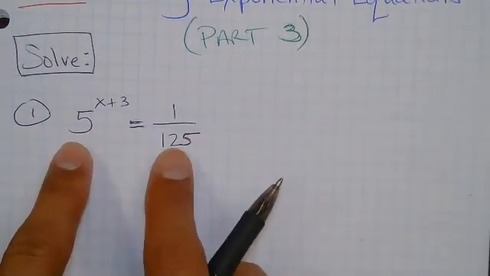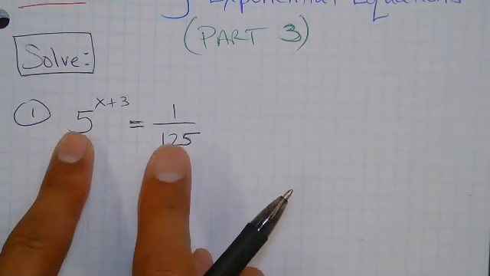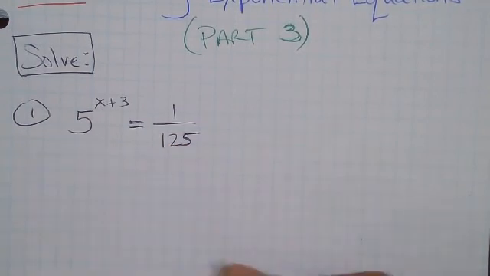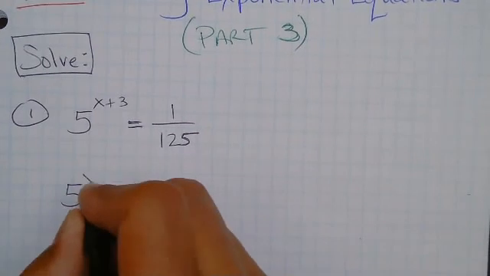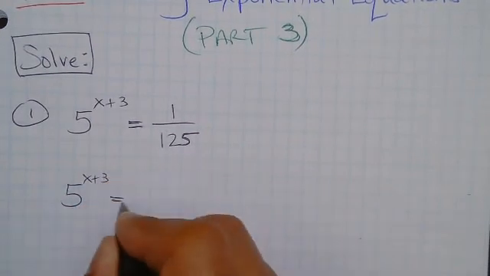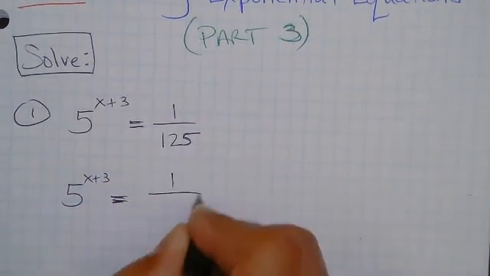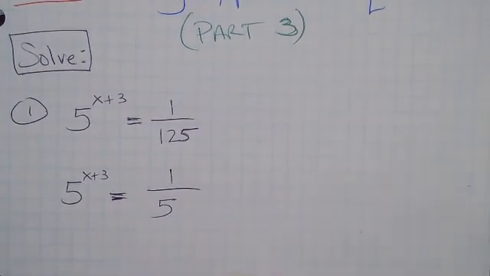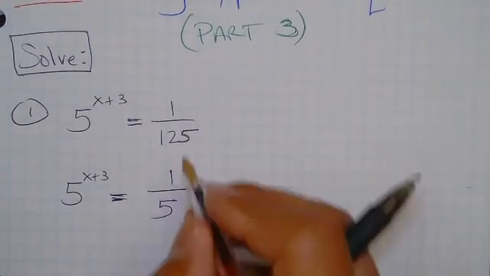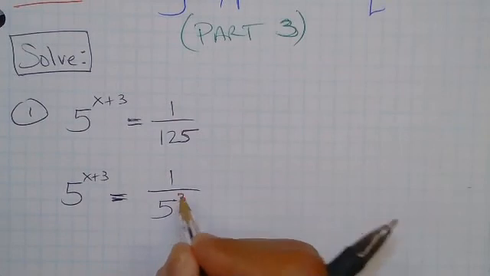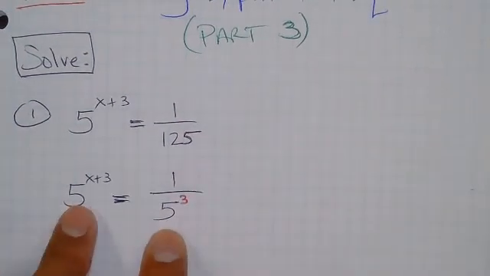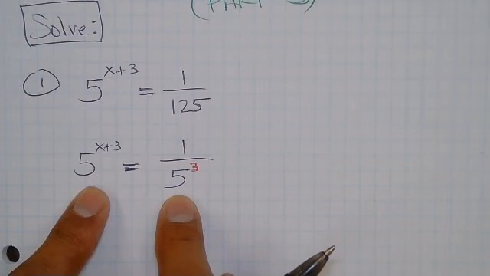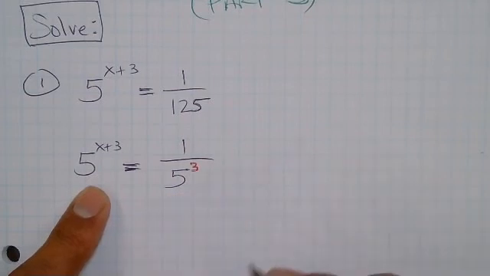As a matter of fact, you're just going to look at the base here, and look at the number here, and hopefully you can write these and have the bases match. Would you guys agree that's going to be 5 to the power of x plus 3 equals 1 over 5 to the power of 3? 125 is 5 cubed. You guys are familiar with that now. You see, we're going to get these bases to match. And why are you not going to worry that it's a fraction?